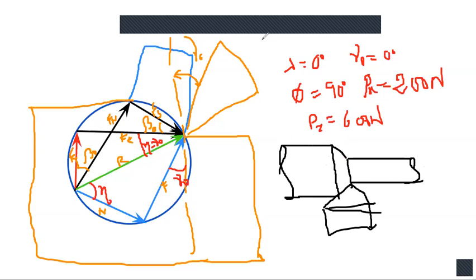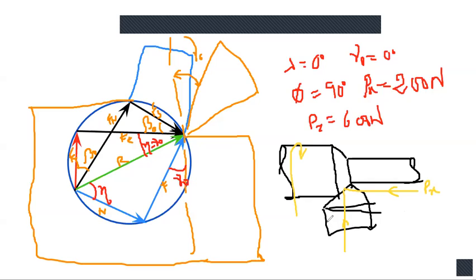Now draw a 2D diagram, where the workpiece rotates in this direction. In the tool chip interface, this force is Px, the axial force.